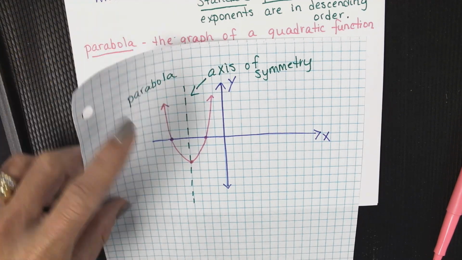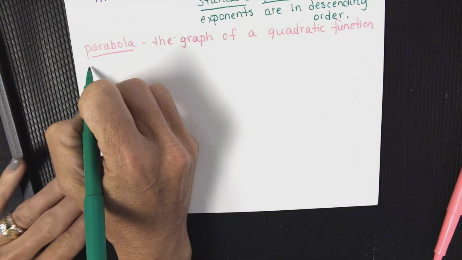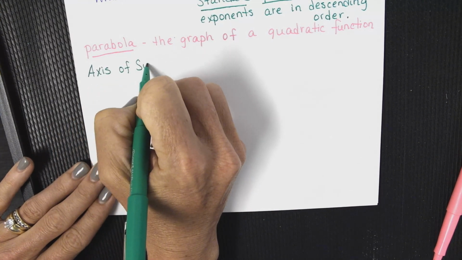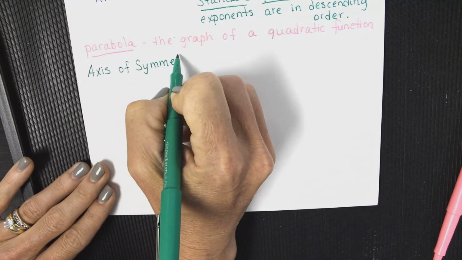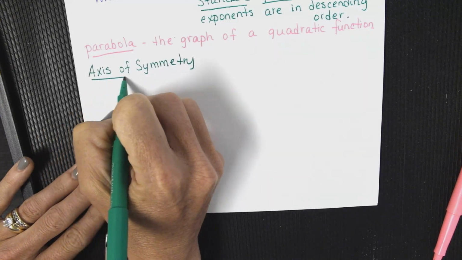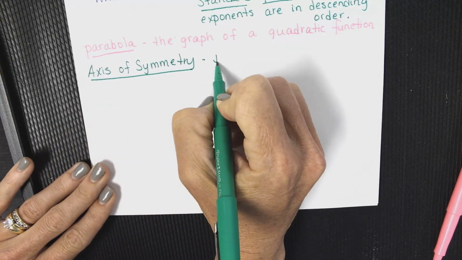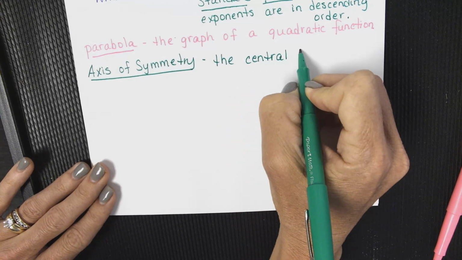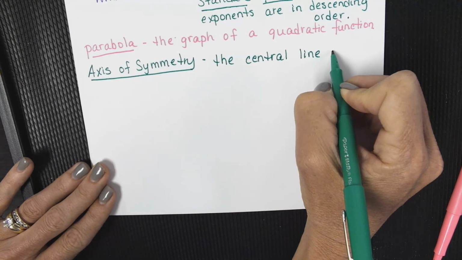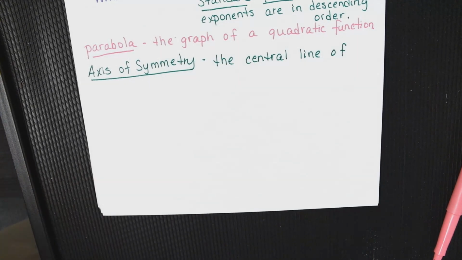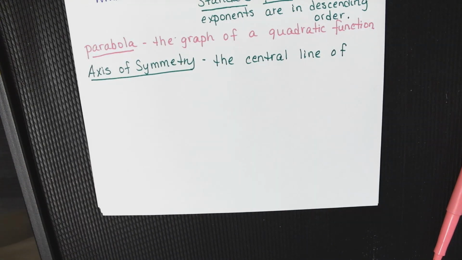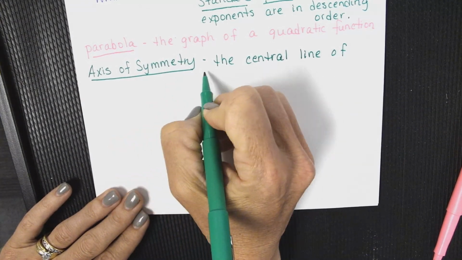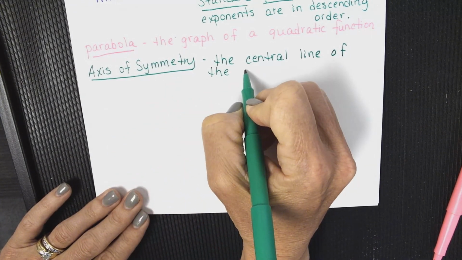I'm going to write that down. Axis of symmetry is the central line of symmetry.